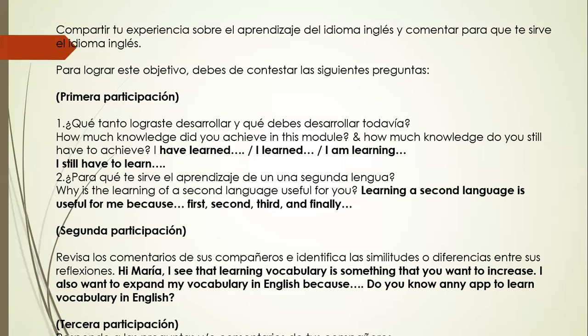As you can see, in this forum, you will have the opportunity to express your experience about learning English. And in your opinion, what you need to improve your English or increase your vocabulary.